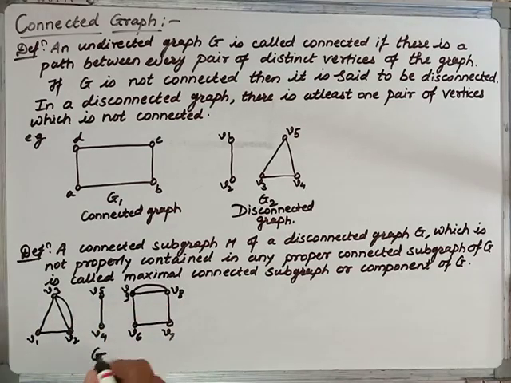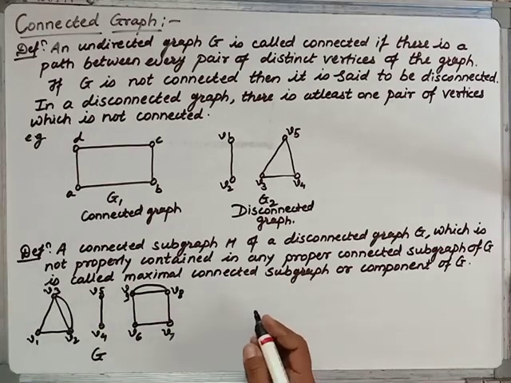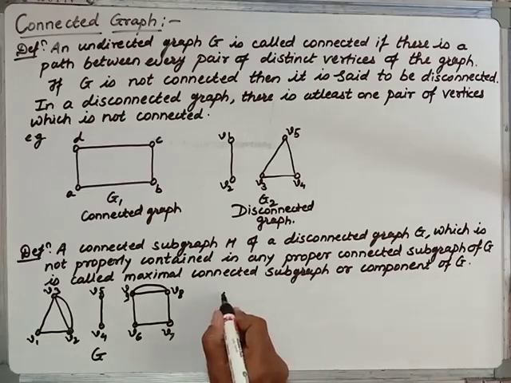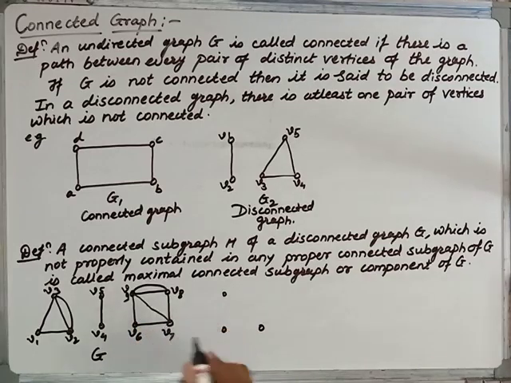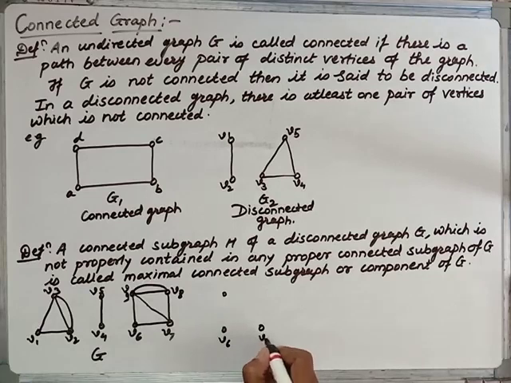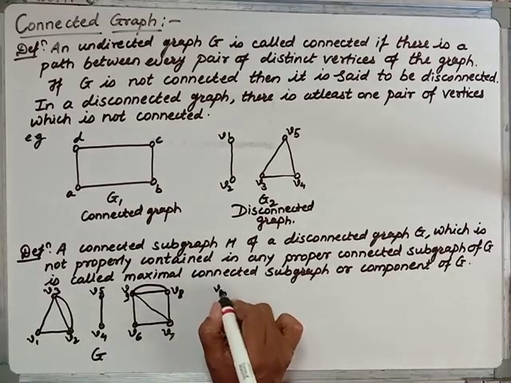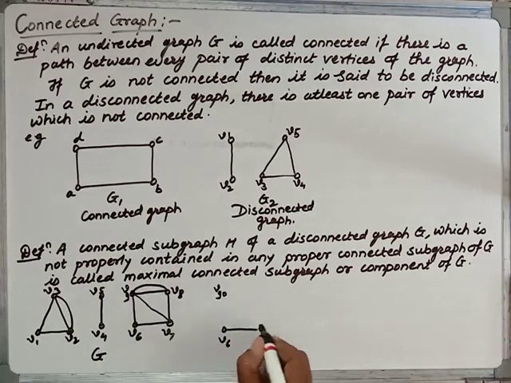So this is G. Now let me take here one more edge, let's say we join V6, V7, V9. Let it be H1.